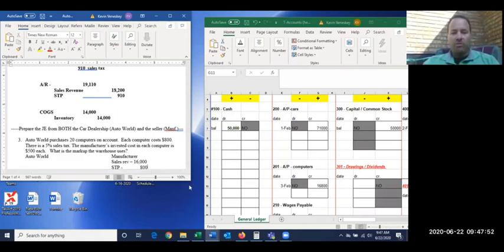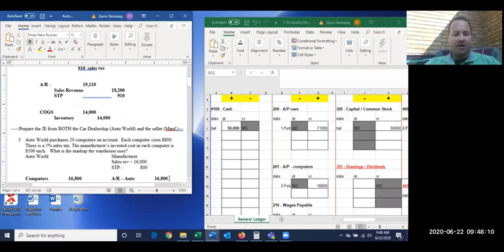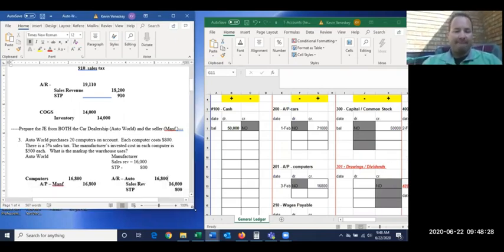So total, when you combine these two, what they're getting is an account receivable from me, Auto World, for 16.8. So they're looking at it as an AR from Auto World. That's us. They are looking to collect $16,800. And then they say, well, where does that $16,800 come from? Well, most of it came from sales revenue, and the rest came from the sales tax that I owe to the IRS.